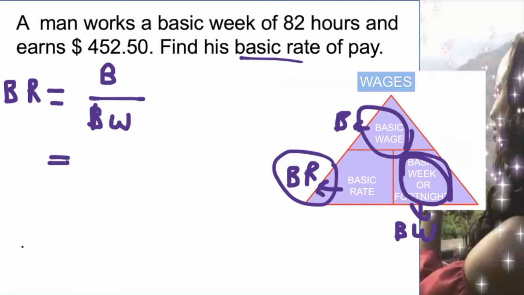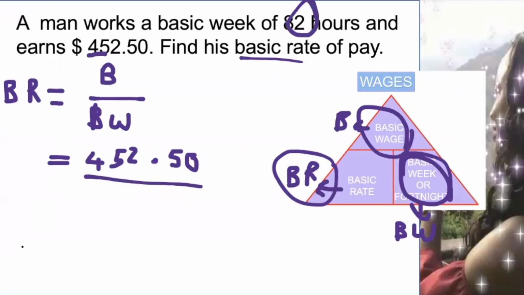So to calculate the rate, the basic wage is $452.50, and the basic week, which is the amount of hours you work for the week, is 82 hours. So divide it.